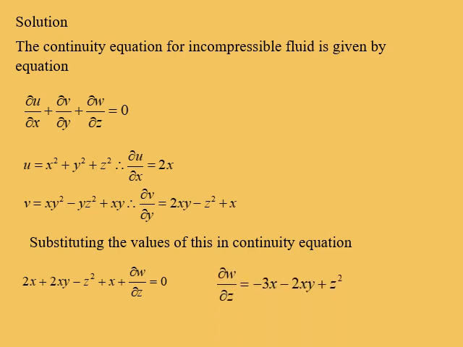Now ∂w/∂z = −3x − 2xy + z². Then ∂w = (−3x − 2xy + z²) dz.